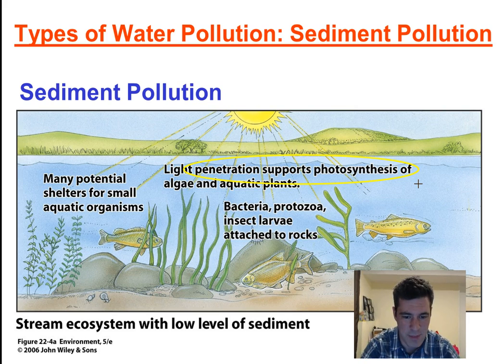Transparency of the water allows that to happen. And when that happens, guys, you get plenty of photosynthetic activity happening. You get seagrasses that are growing from the bottom. There are also places for critters to live within rocks, or areas between rocks, I'm sorry. And this is where you have an area with low sediment.